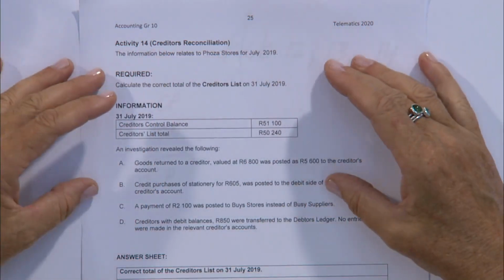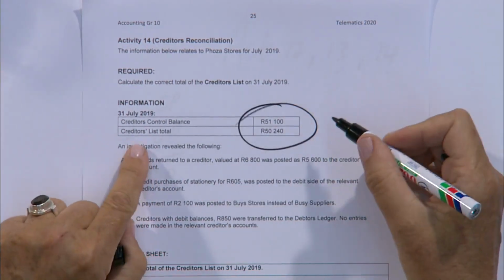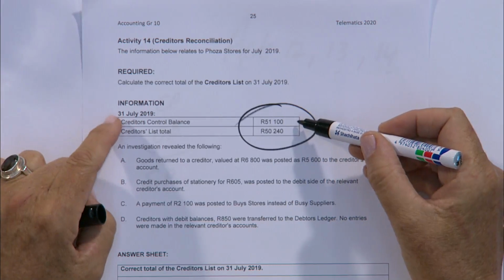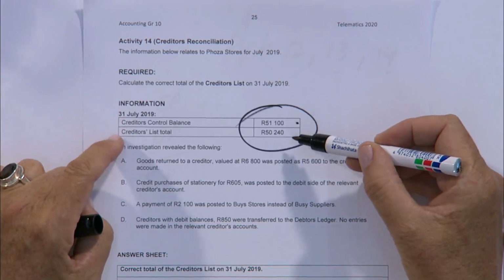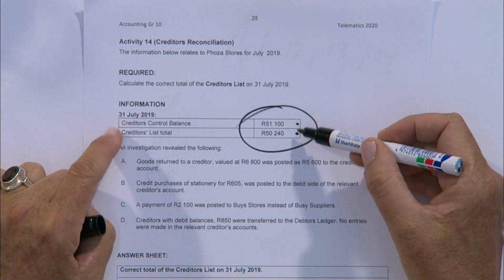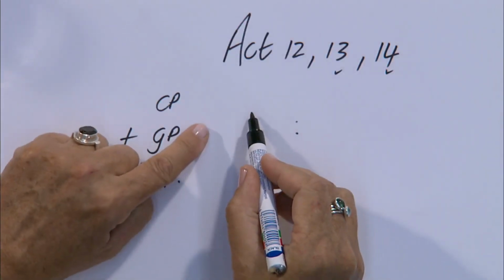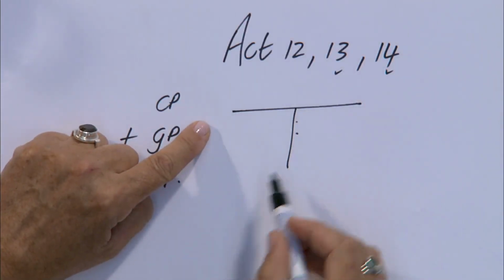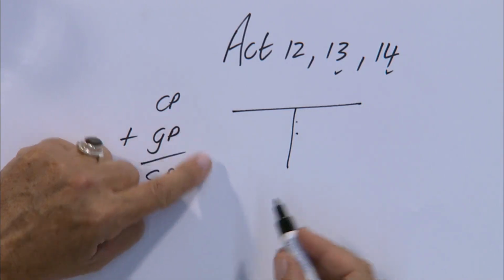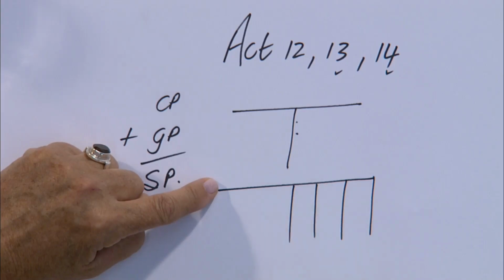And you'll see here, and I'll show it on the screen shortly, these two balances don't agree. The control says 51,100 and the creditors list says that. Now, it doesn't help if you don't know what they are, so can I just quickly show you here? I'm drawing a general ledger account, and now I'm drawing a creditors ledger account.